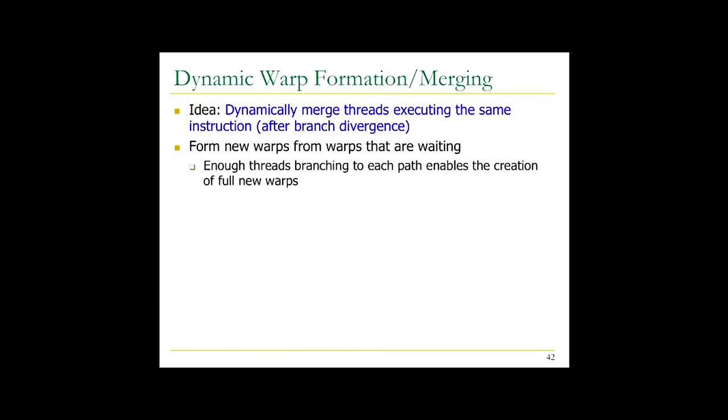So enough threads branching to each path enables the creation of full new warps, basically. So let's look at an example. You have warp X, warp Y, and warp Z. We're going to combine these. So it happens that this warp X has these threads active. Active meaning they have mask bits set to 1 after a branch. And this warp has these other threads that are active.